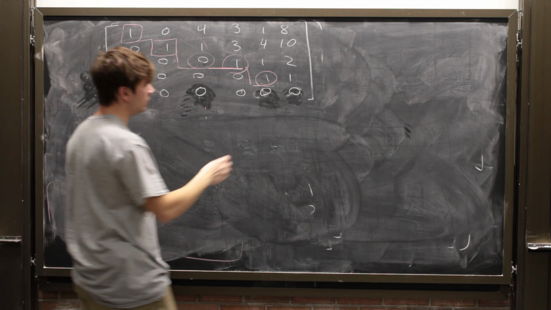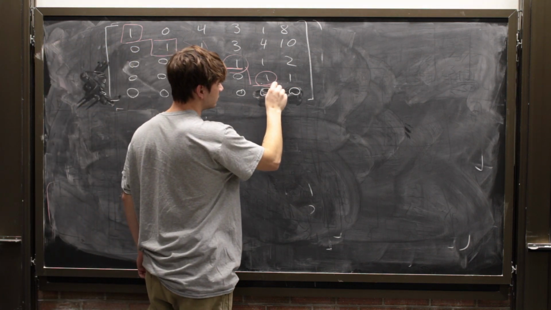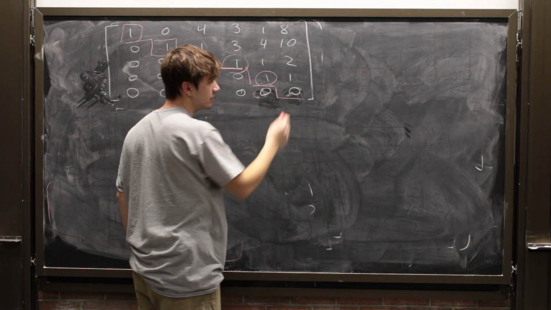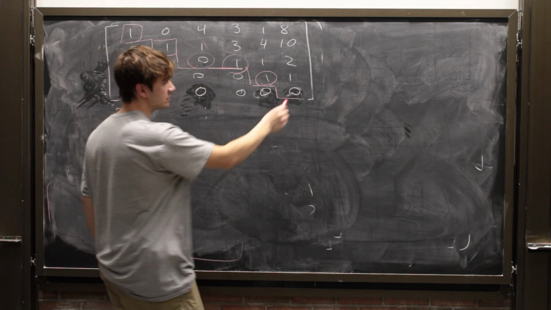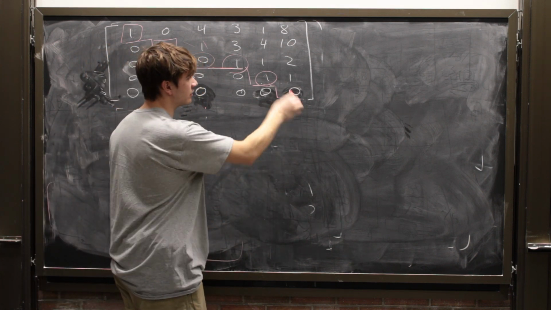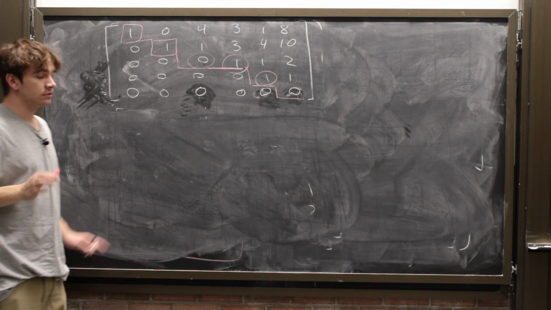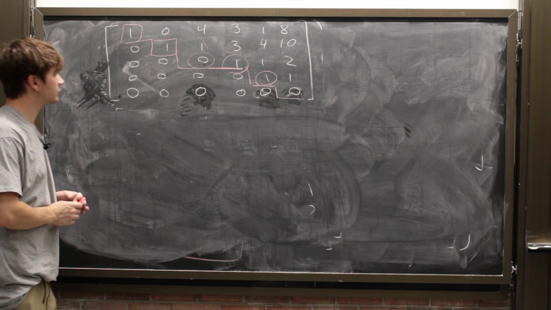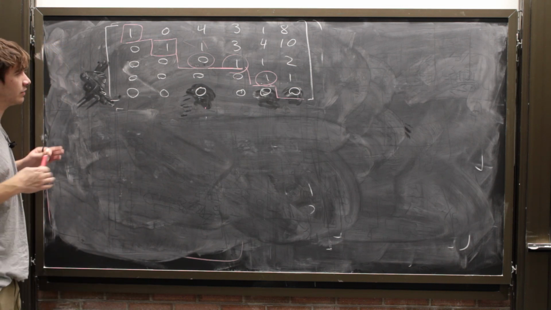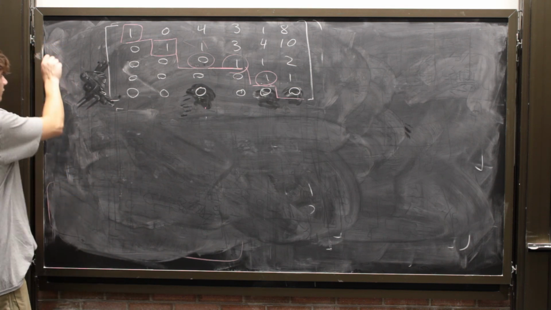Great, and now I try to step down once again, and I'm at a 0, there's nothing I can do there, so I've completed my staircase. Okay? So let's just take a step back and recognize, this is the REF.